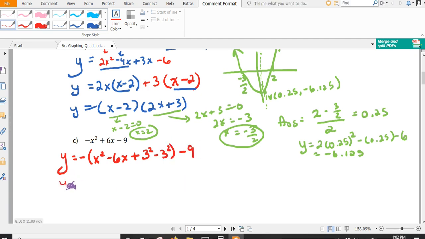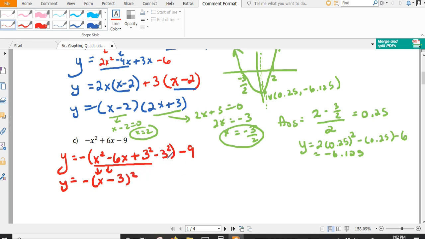Okay. Then y equals, I know that when I factor that, it's going to be an x, copy down the sign, minus, and square root of 3 squared. Square root of 9, in other words, is just minus 3 squared. Okay.